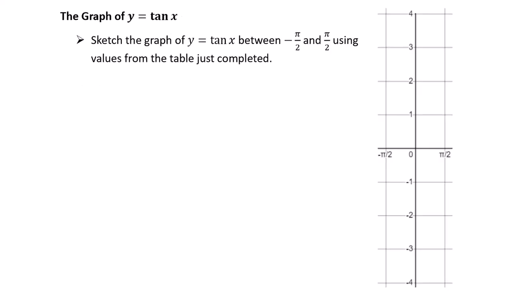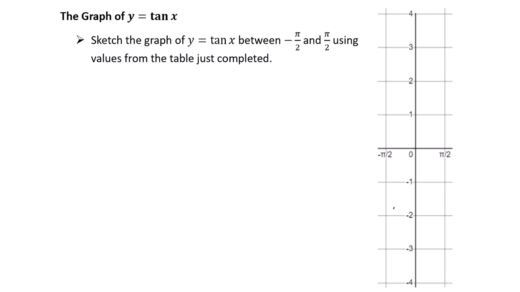Now the graph of y equals tangent x. Let's sketch the graph of y equals tangent of x between negative pi over 2 and positive pi over 2 using values from the table that we've just completed. So I know that at negative pi over 2 I'm undefined, but at negative pi over 3 I have a negative square root of 3, which is about -1.7.